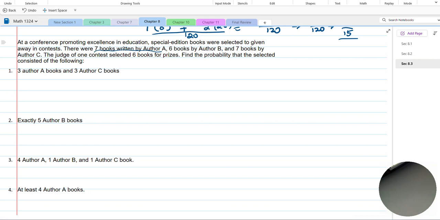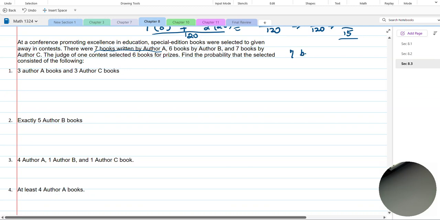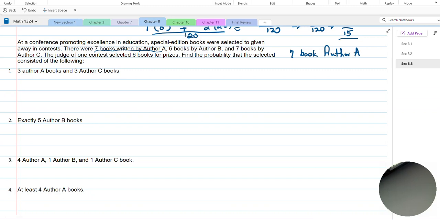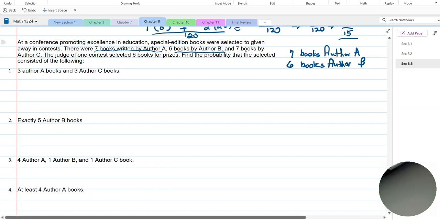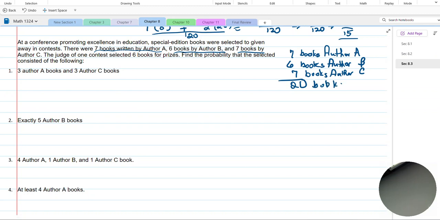These 7 books written by author A, 6 books from author B, 7 books from author C. So we have 20 books total in our sample space. All right.